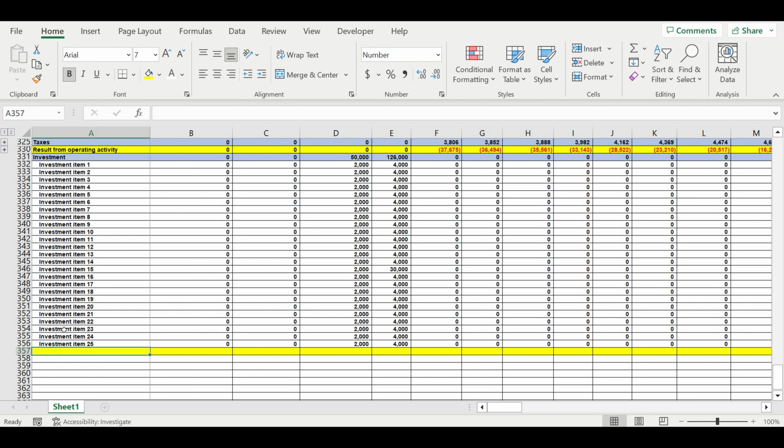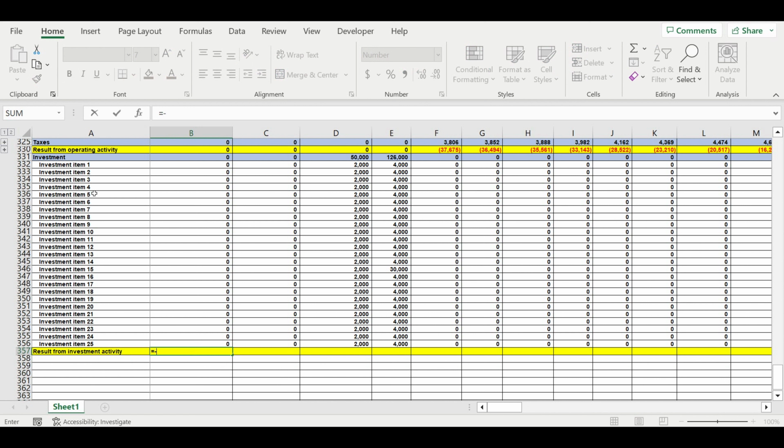So, result from investment activity. This is the second part of our cash flow statement. I will take equals and take this sum with an opposite sign, because investment activity is when we spend the money.